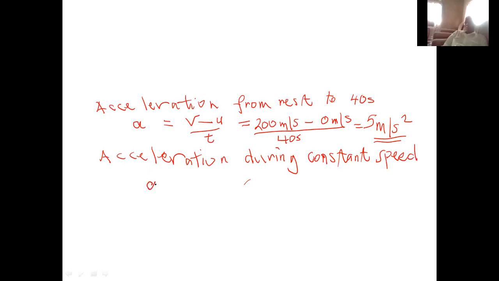Acceleration is equal to final velocity minus initial velocity over time, which is equal to, our final velocity is 200 meters per second, and our initial velocity is 200 meters per second.